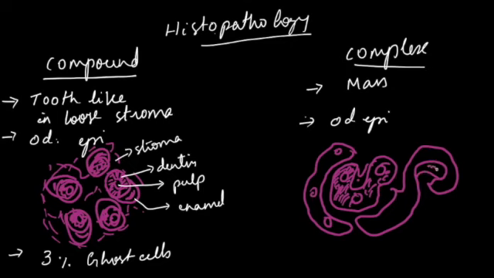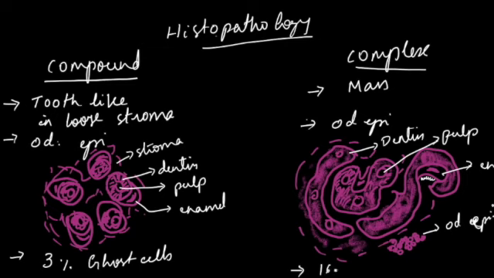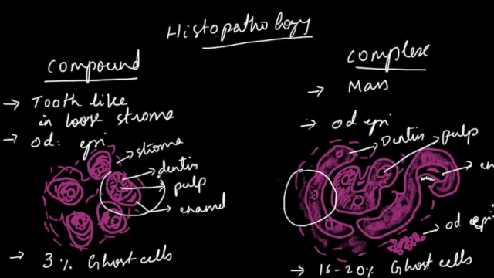These are all the enamel space which may also contain the enamel matrix, and here will be the stroma, and this stroma consists of odontogenic epithelial cells, and 16 to 20% of the time it may have ghost cells. Now this is dentin, this is the pulp tissue space, this is the enamel space, and here also you may see the odontogenic epithelium. Here in complex odontome, 16 to 20% of the time you will see ghost cells associated with odontogenic epithelium. Now all this tissue is basically mature tooth tissue.